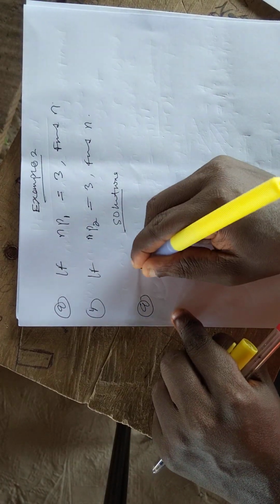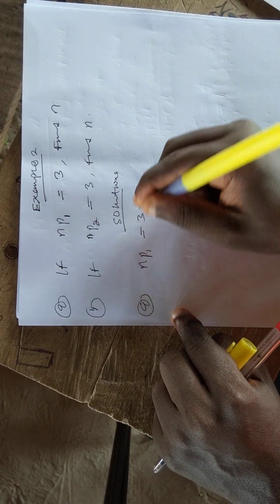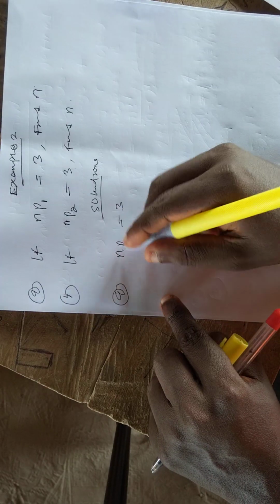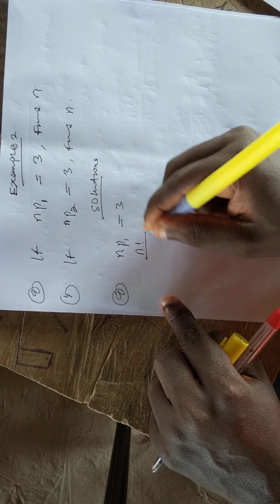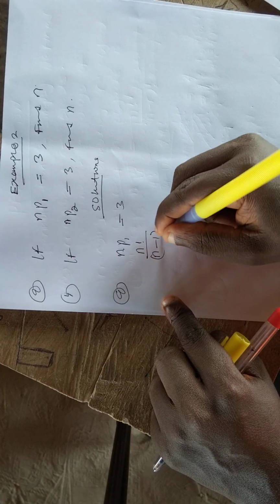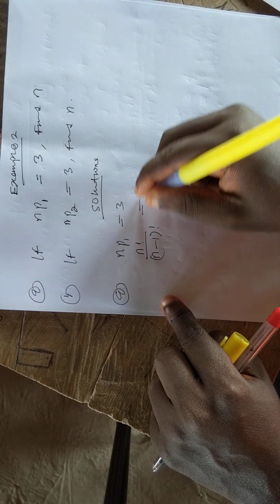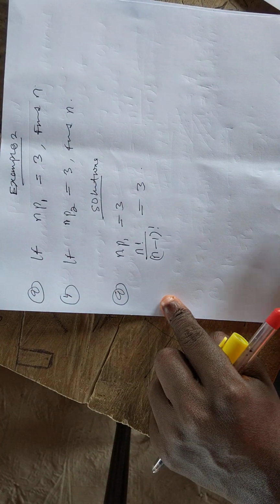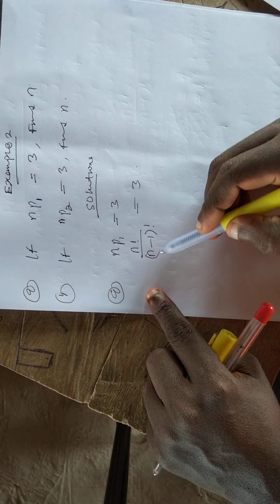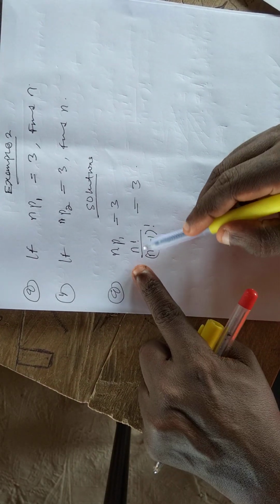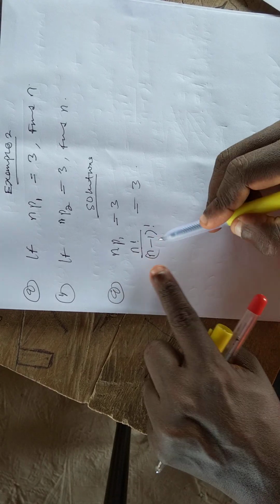A, n permutation 1 equals 3. So what are we going to do? N permutation 1 is n factorial over n minus 1 factorial equals 3. So it means that n factorial is bigger than n minus 1 factorial. So we are going to expand until we get to this.